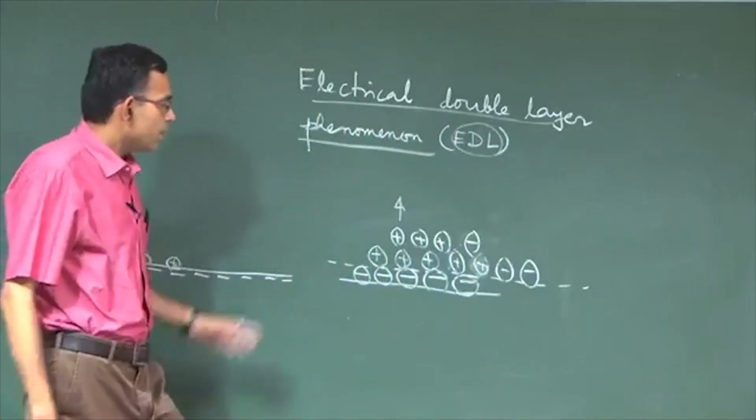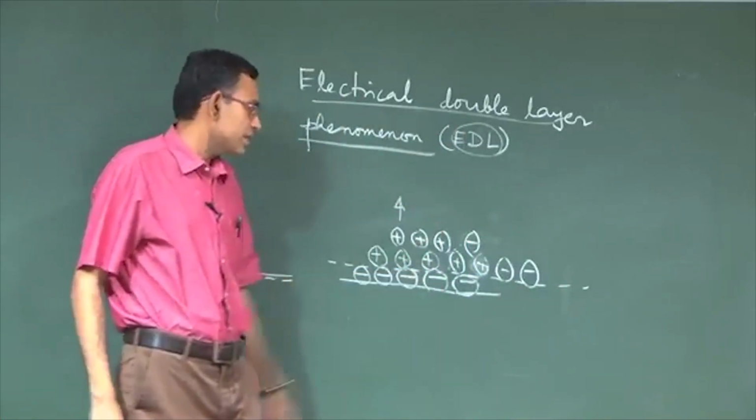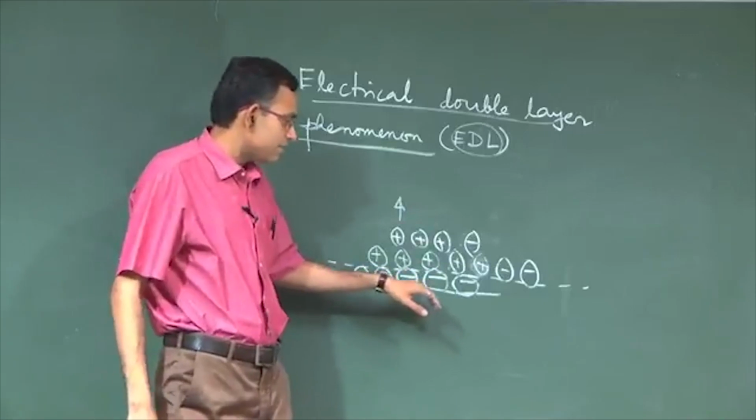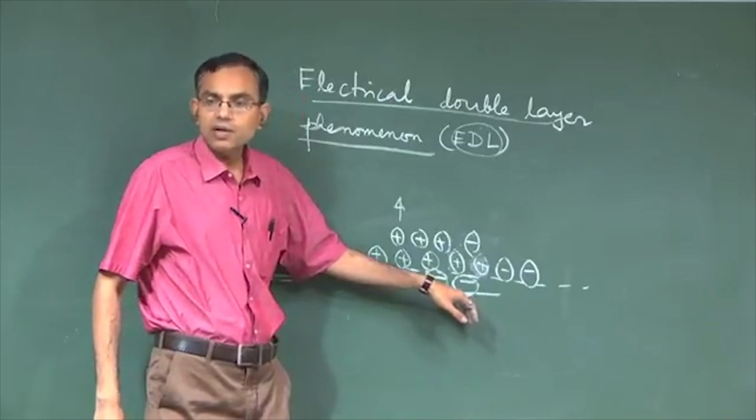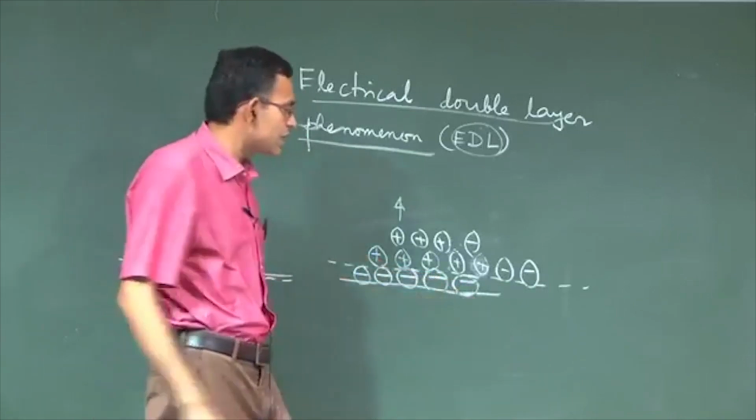Now you can divide this region into 2 parts. One part is the layer of ions which is fixed to the surface and does not move; this is called the Stern layer.